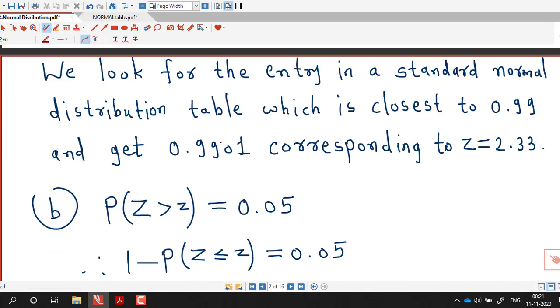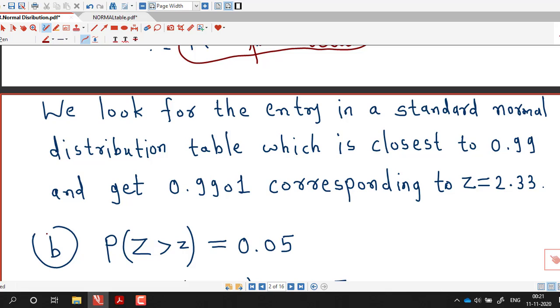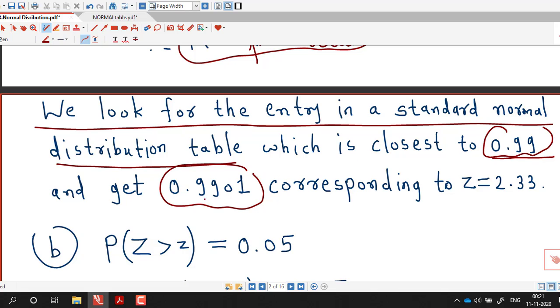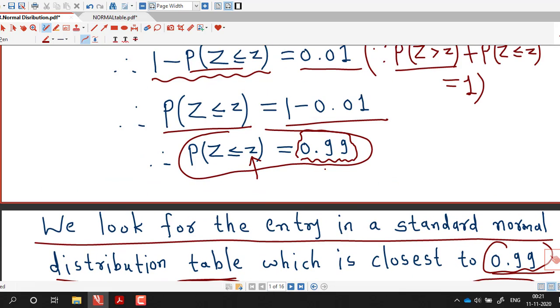So here we have written we look for the entry in the standard normal table which is closest to 0.99 and we get 0.9901. This is the entry in the standard normal table which is closest to 0.99 and this entry corresponds to z equal to 2.33. So our answer is 2.33.